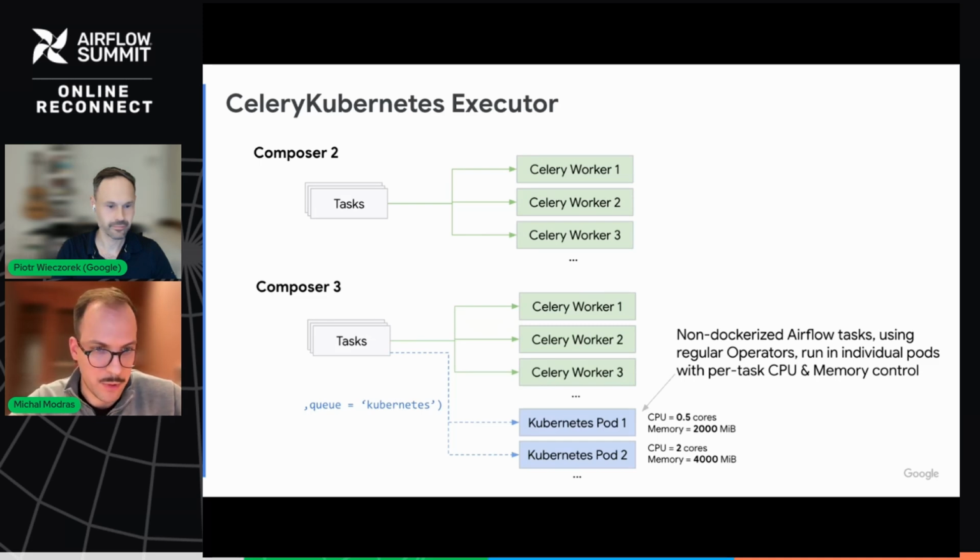And this pod will be resourced as you'd like. It will also be separated from any other task running on the cluster, so the noisy neighbor effects in Celery are not here.